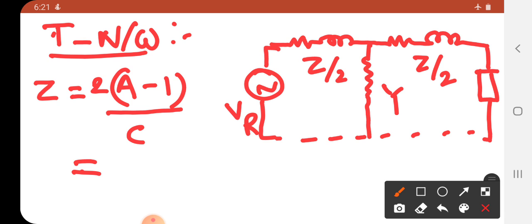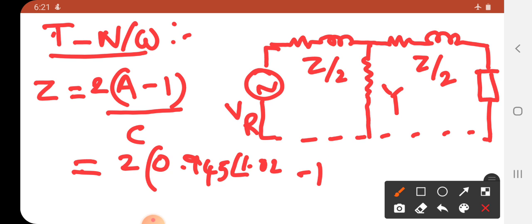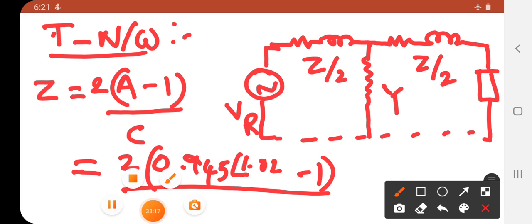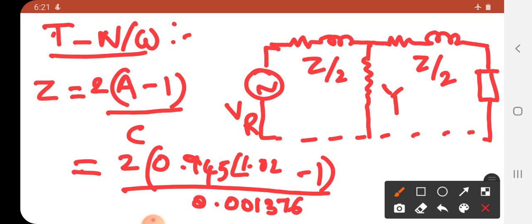Z is 2 into 0.945 at an angle of 1.02 minus 1, that is A minus 1, by C. What is C? 0.001376 at an angle of 90.4.